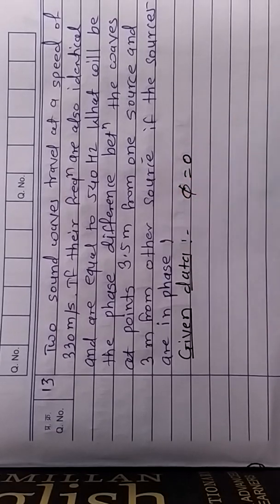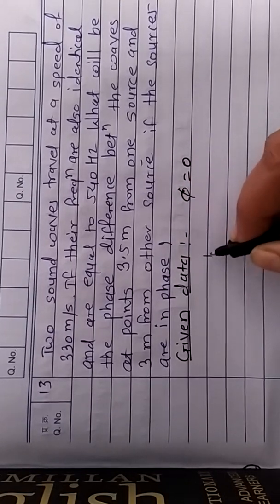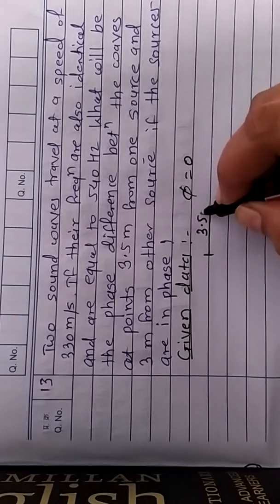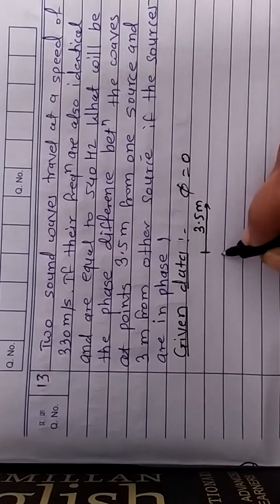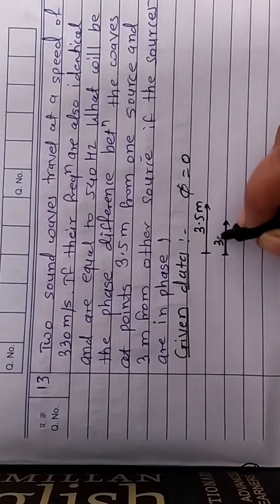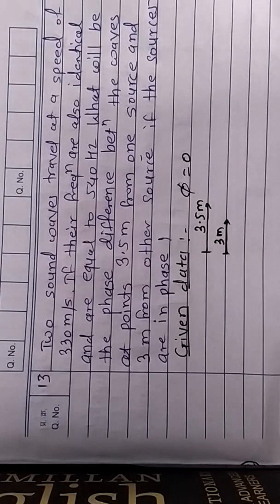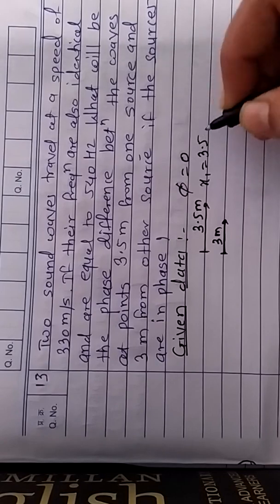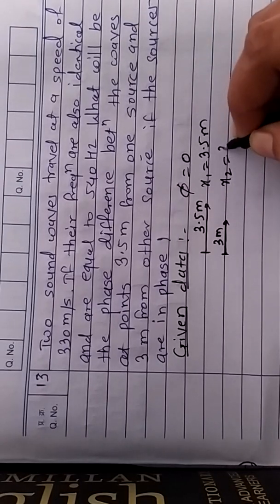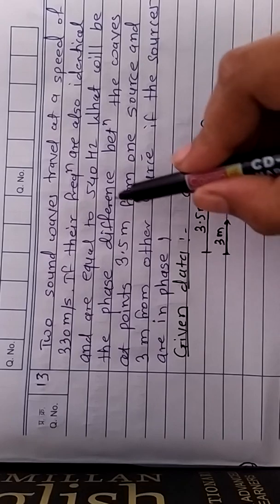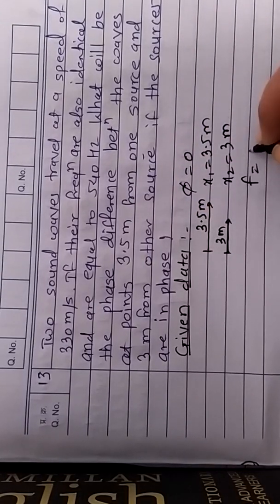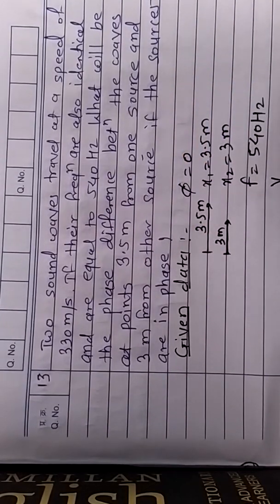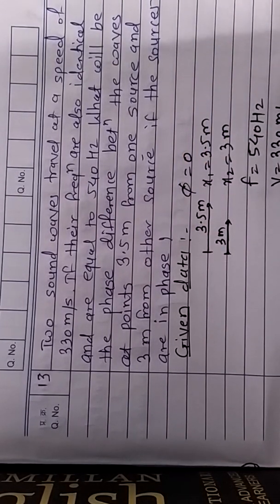Consider the two sources. One wave travels 3.5 meter and the other wave travels a distance of 3 meter from its source. Therefore, x1 is equal to 3.5 meter, x2 is equal to 3 meter. Frequency f is equal to 540 Hertz and velocity is equal to 330 meter per second.